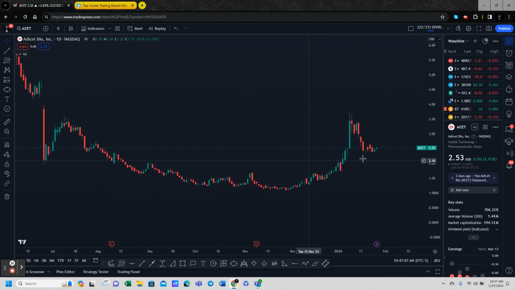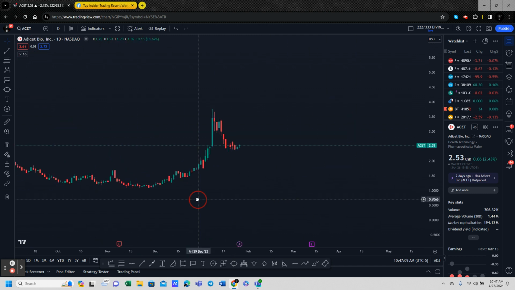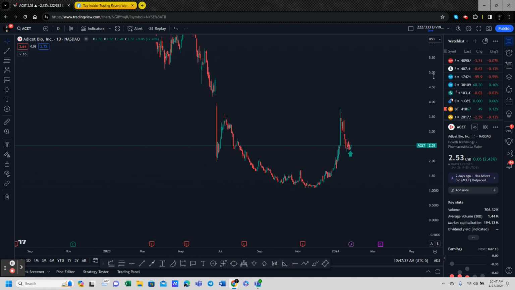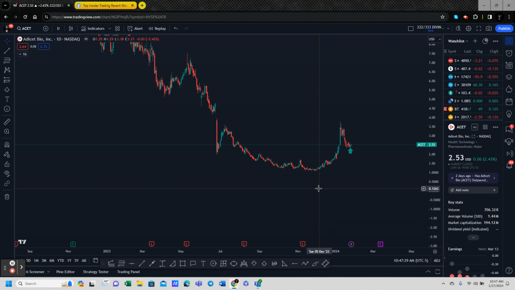Like a nice little cup and handle about to form on this. So buying came in. Now check this out.